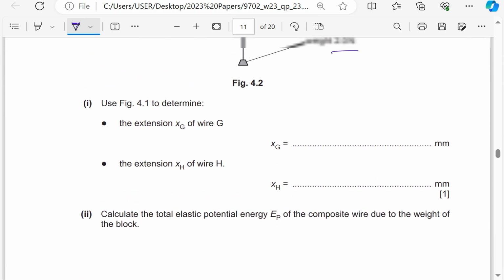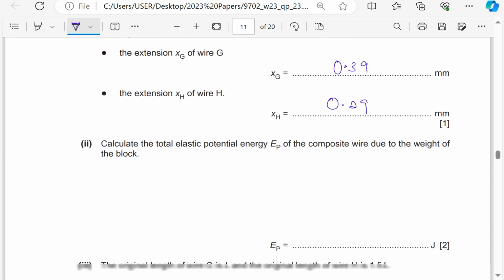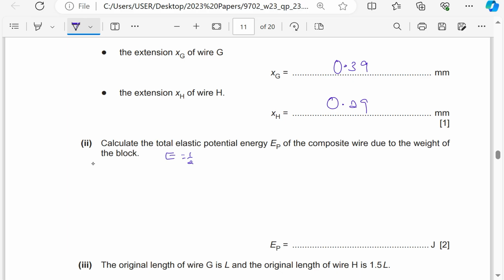Then calculate the total elastic potential energy. Remember, elastic potential energy is a half times F times X. Or you can use a half kx squared, but I will use a half fx, which is the same as the area under the graph.